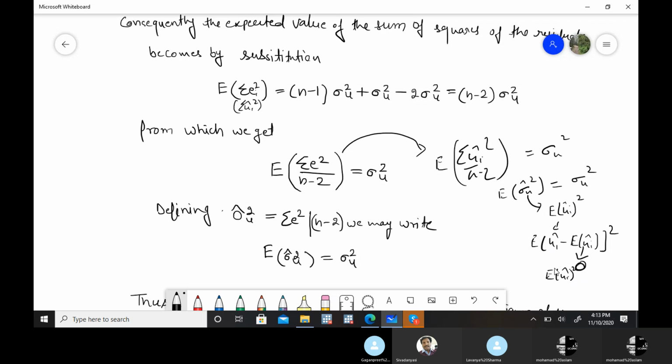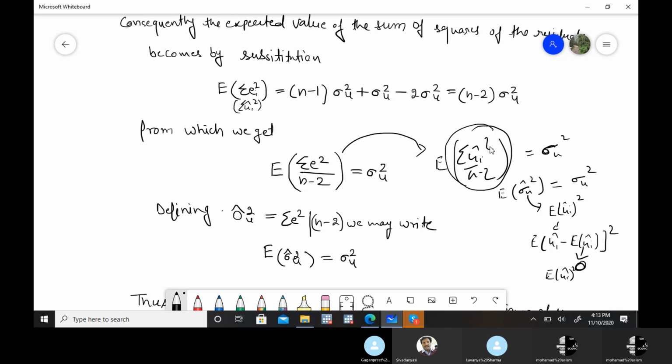If it's a population, then it's ui square. So this is the variance, actually the individual sample variance of residual, this particular term. And in place of that, we are using everywhere this particular term because its expected value is equivalent to this particular term.